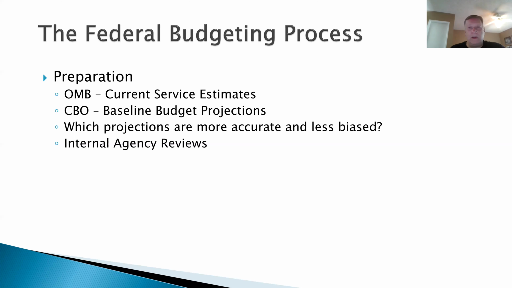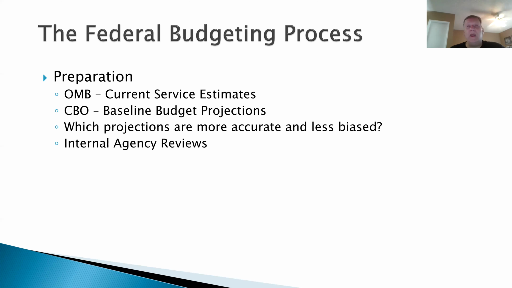CBO will produce something that is relatively similar, but uses a different methodology. And their document is what they call their baseline budget projections. Now, when you've got 2 different organizations, one that's an executive organization in OMB, and one that is a legislative organization in CBO, the natural assumption would be that their estimates and their projections would be very similar to each other.